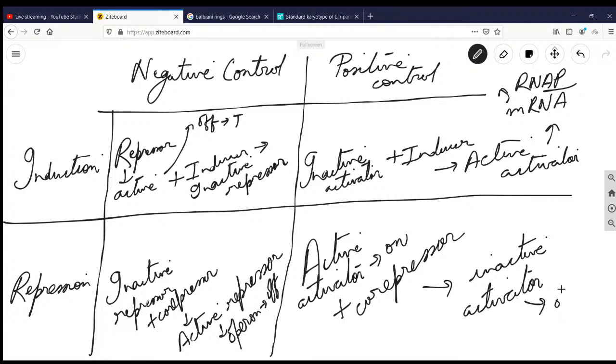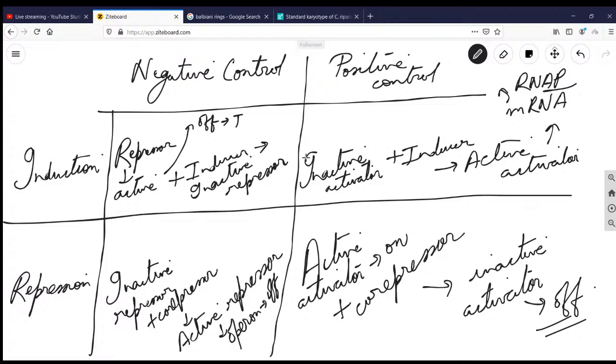Therefore no mRNA, therefore the operon is off. So in repression, the operon is on in the beginning, then you switch it off. But in the case of inducible, the operon must be off, and you induce it to become on, just the opposite.